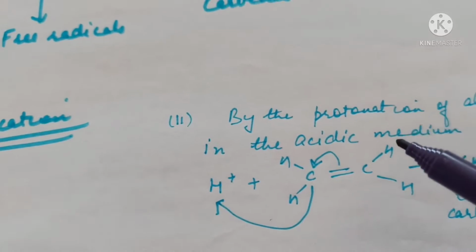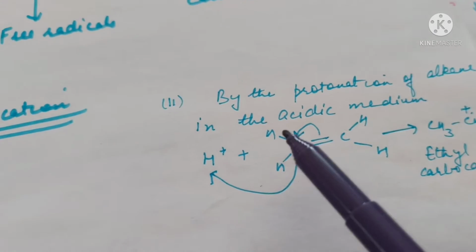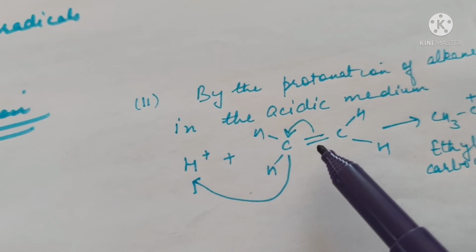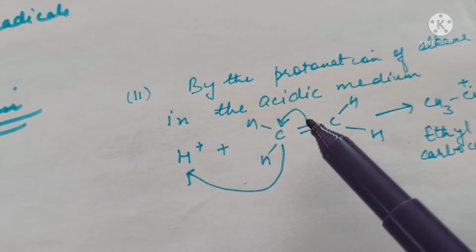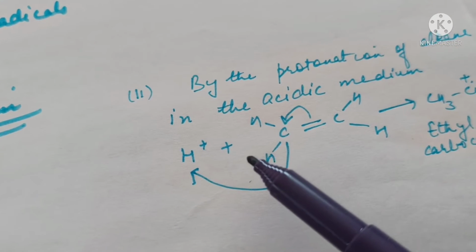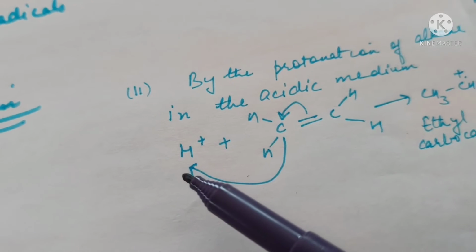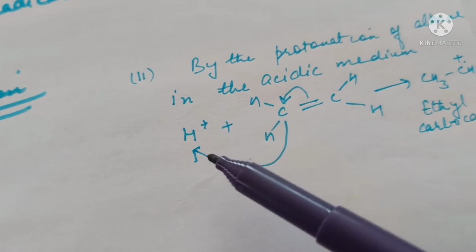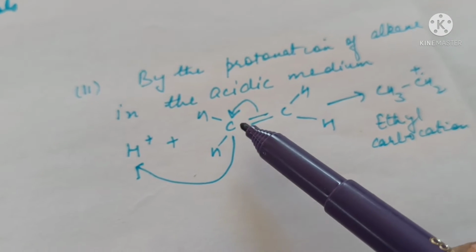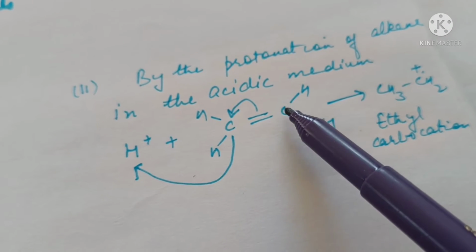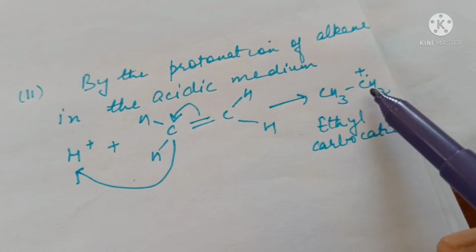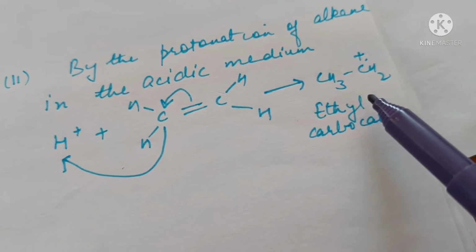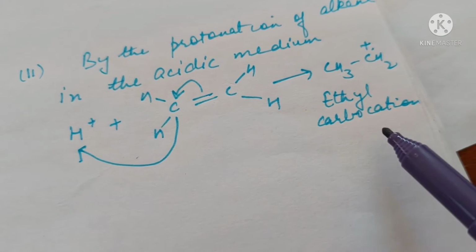The second method is by protonation of alkene in the acidic medium. So the electrons of the alkene under the influence of the attacking reagent, which is a proton in this case, move towards one of the carbon atoms. The attacking reagent also goes here. As a result, this carbon becomes electron deficient and overall a carbocation is formed.